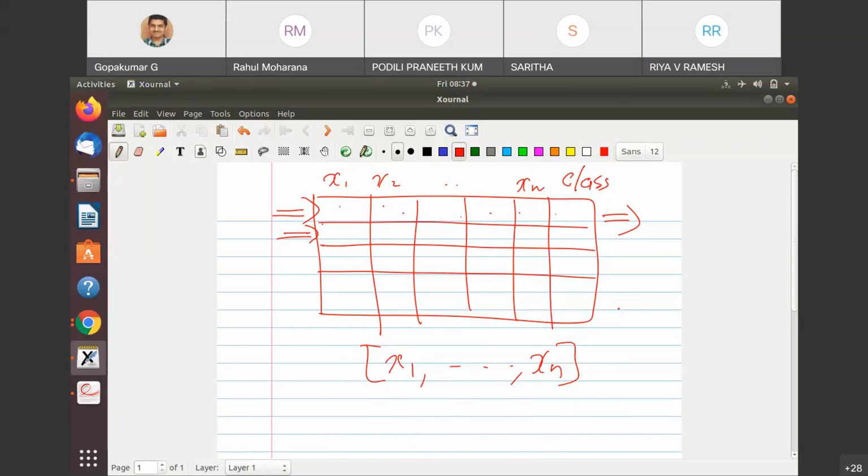Usually we assume that x1 is independent of x2, similarly x2 is independent of x3, all these are independent of each other. We consider the features as independent, and we assume they are identically distributed also. We will discuss that concept later.